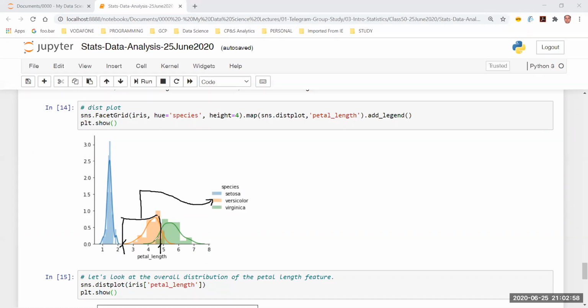In this range, do I not have the intersection part, or the part of the virginica color which is also coming over here? Yes, but look at the area under the curve. A simple visual analysis will tell you the area under the curve applicable for versicolor is far more as compared to the area under the curve applicable for virginica. This is why this range is quite clear for me.